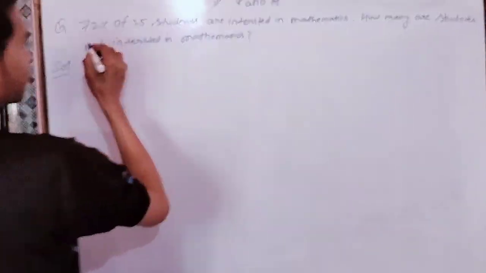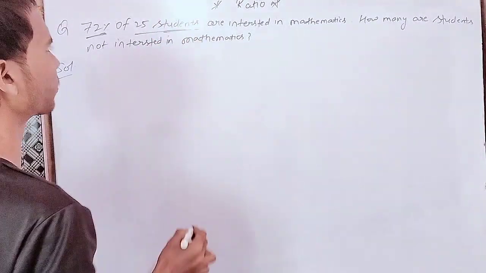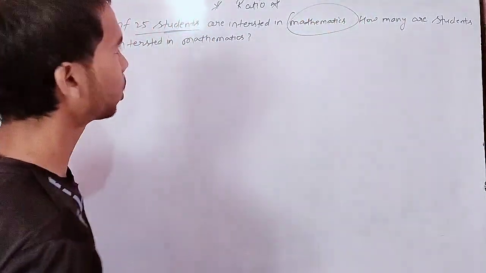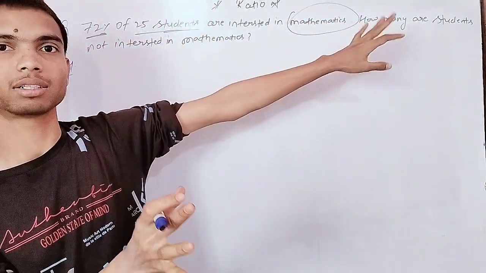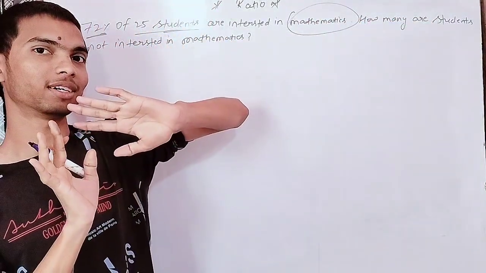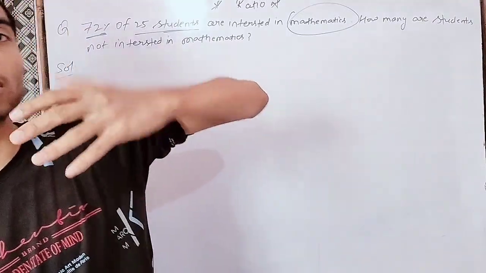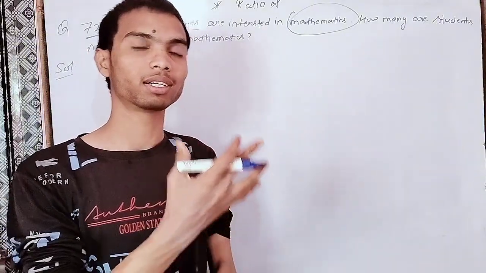Look at this. It is saying 72% of 25 students are interested in mathematics. So how many students are not interested? What is the question saying? The question is not asking how many students are interested in mathematics.